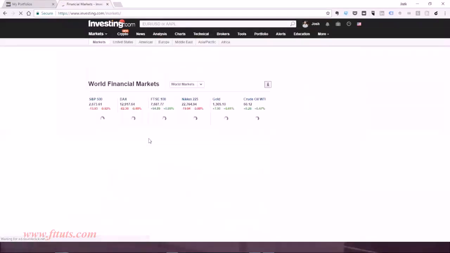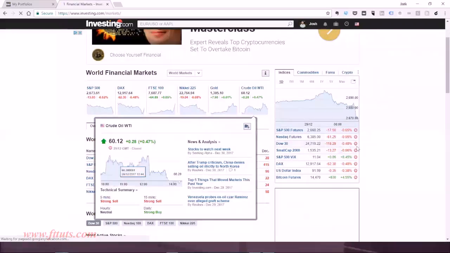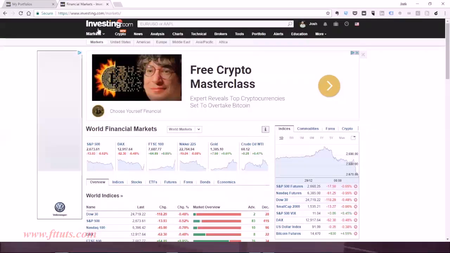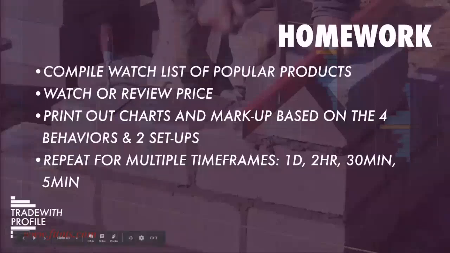You can add some of those. Now play around, add those to your portfolio, print them out, and look at, can I identify these 4 behaviors, and can I find these 2 setups? That's where the setups become more powerful, if I look at them inside of the 4 behaviors, then it becomes a little more interesting.